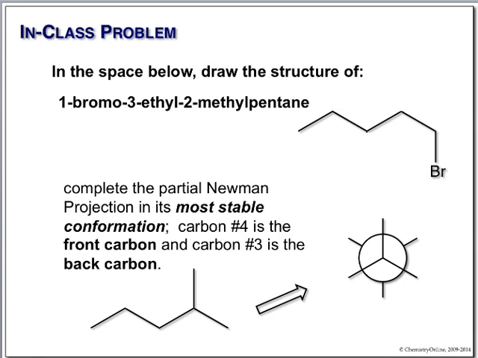All right, that means on carbon number 2, which is going to be here, we need a methyl, and on 3, that's it. We're going to need an ethyl. There's an ethyl, and there's our methyl. Any questions?